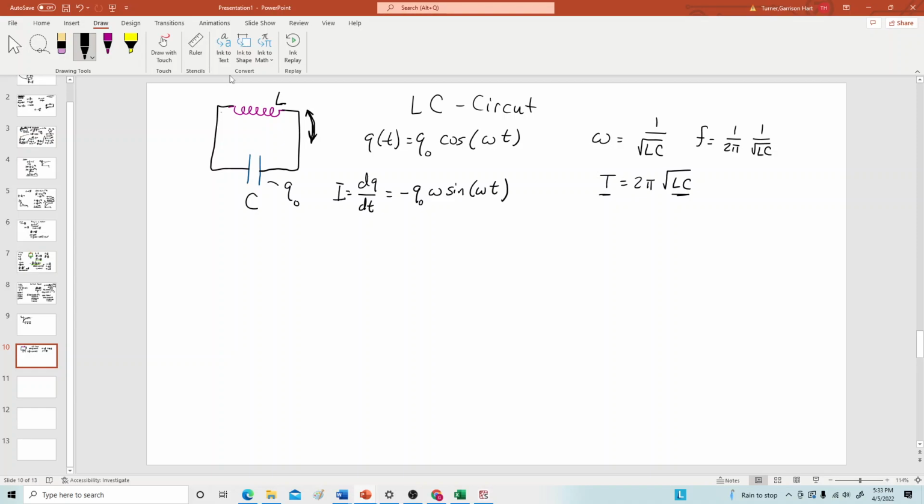And Q naught omega would equal the maximum amount of current in the circuit. Let me write it like this. And so the maximum amount of current would be Q naught times omega.